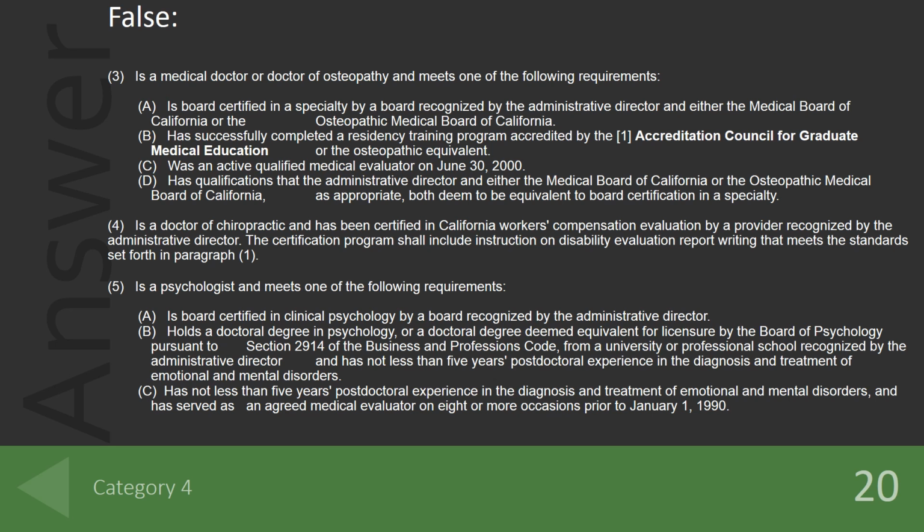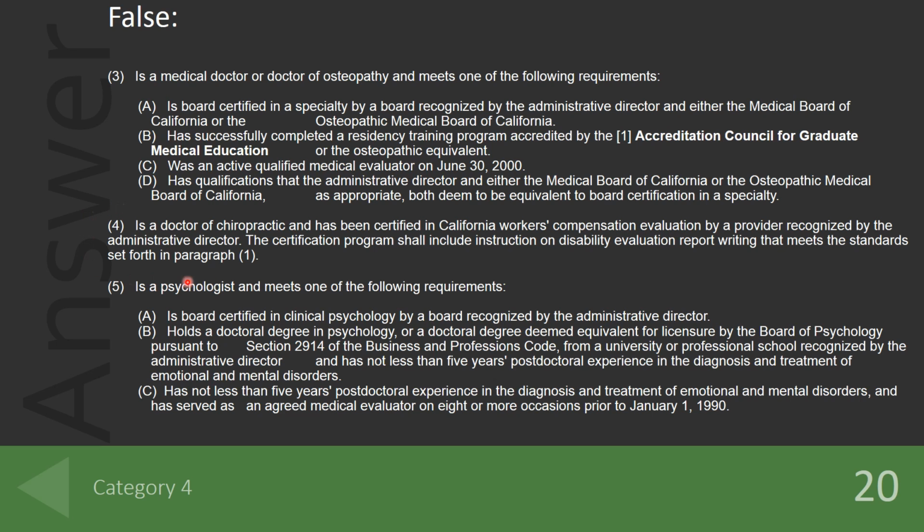The certification program shall include instruction on disability evaluation report writing that meets the standards set forth in paragraph 1. And now this is an interesting nuance for chiropractors. Medical doctors and doctors of osteopathy and psychologists need to complete a 12-hour course in QME report writing, whereas for chiropractic doctors, the report writing instruction is contained within the course of California Workers' Compensation evaluation.